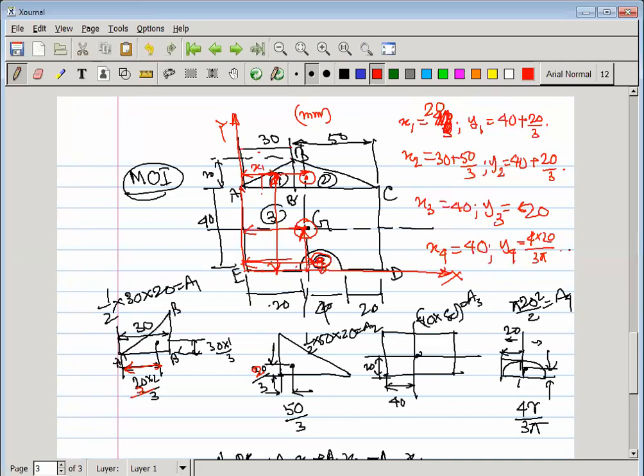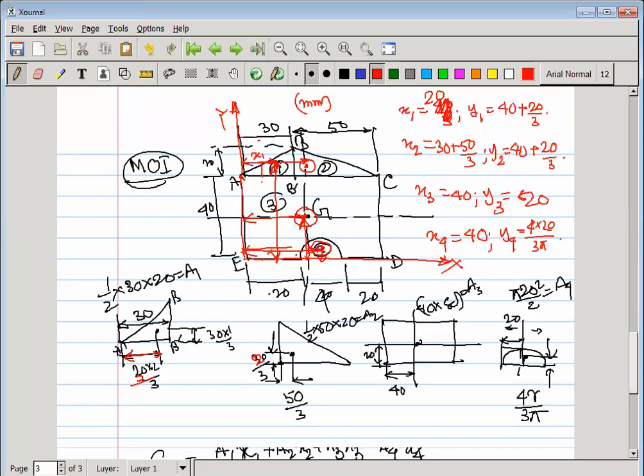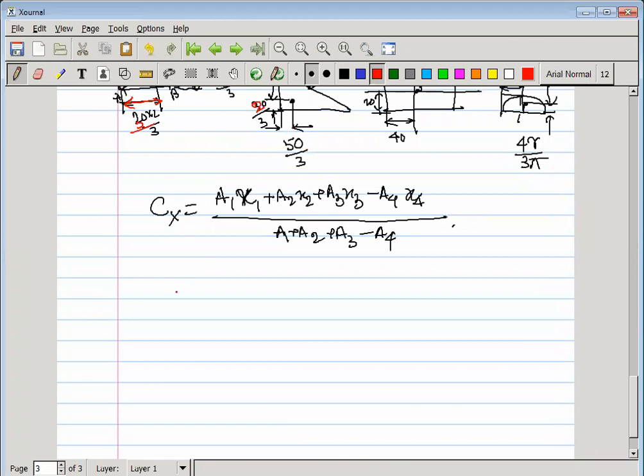Up to this, anyone have any confusion? Please reply. No, sir. Okay. Now simply you have to put these values here. Cx and cy, I am not calculating this one. Please calculate yourself.